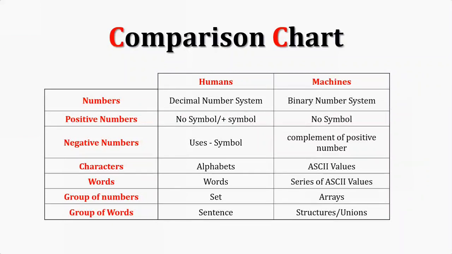So we have some character sets with corresponding ASCII values. These ASCII values are binary values of all the characters, and whenever we try to store or manipulate characters, machines take only the ASCII values.